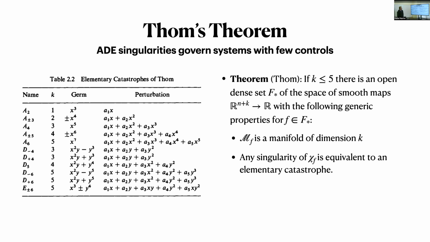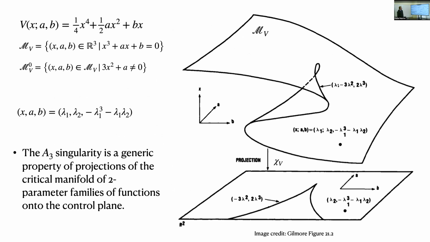Okay, so any singularity of chi-f, that is a point where the map chi-f doesn't look like just a change of coordinates. For example, here, or there, or in fact on that whole line, right? So the set of singularities of the map, chi v in this case, are precisely the points that lie above the separatrix. And what the second part here says is that if you look along the separatrix, you only see elementary catastrophes.